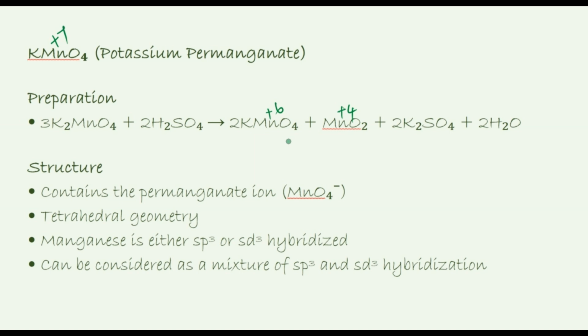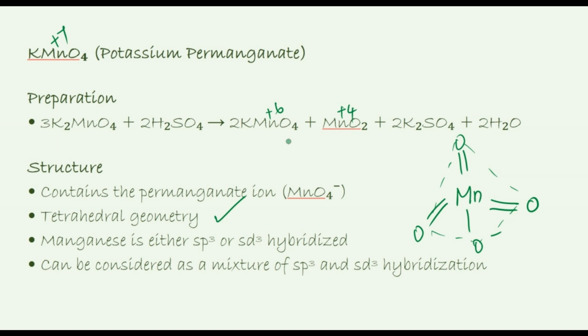The structure of the permanganate ion MnO4- is again tetrahedral geometry, which will look like this. The manganese is either sp3 or sd3 hybridized. It can be considered as a mixture of these two hybridizations.